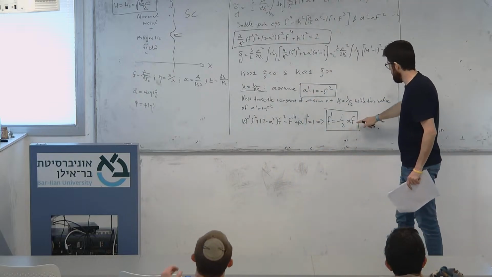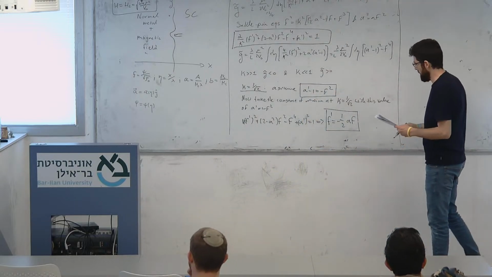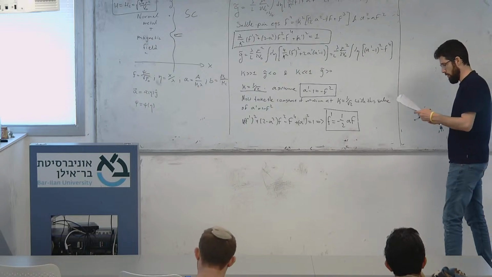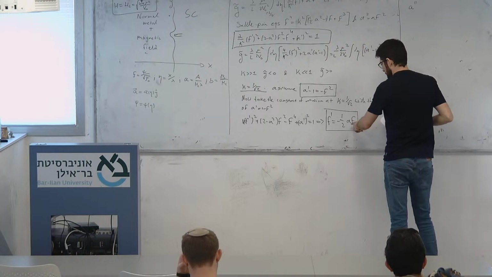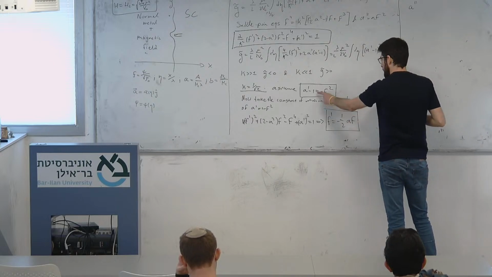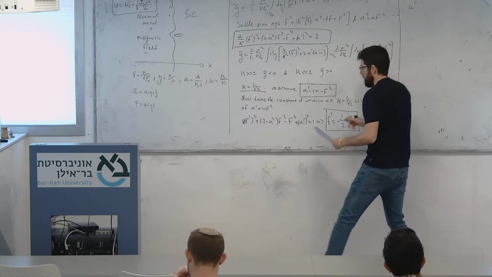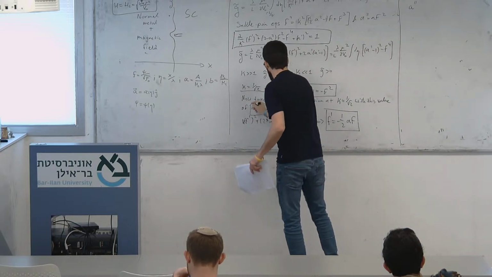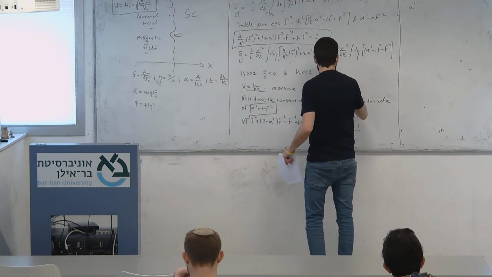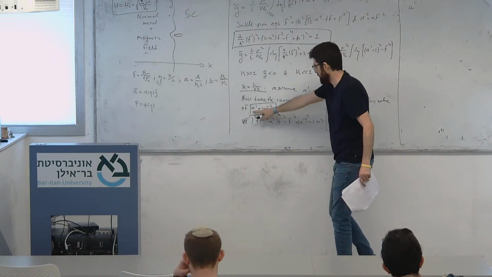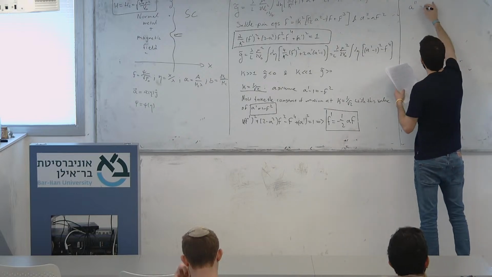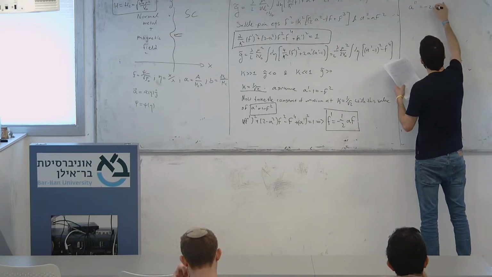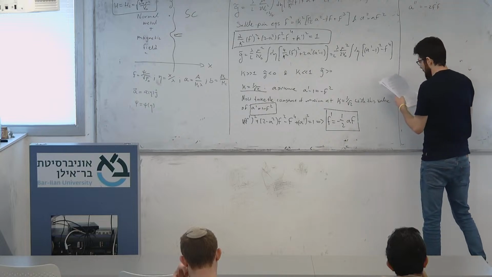So I'm going to use this equation and this equation to show that a double prime, so I can compute it, I can move this to the other side. Maybe actually focus on this equation. They're the same equation, it's just more convenient to look here. I take a double prime, so a double prime is equal to minus 2f prime f.